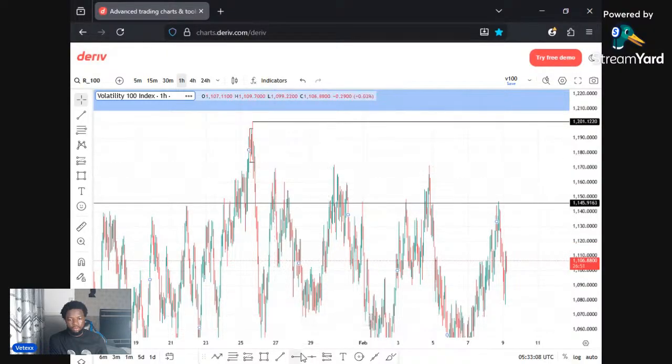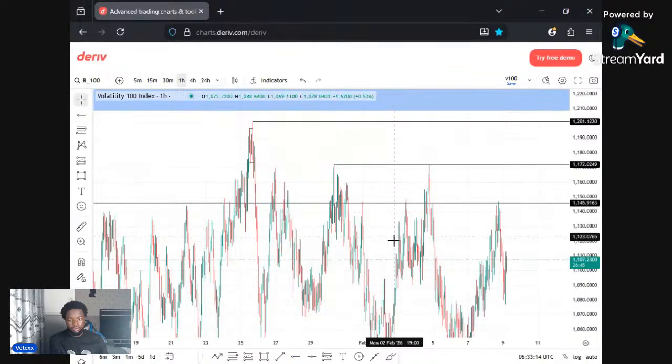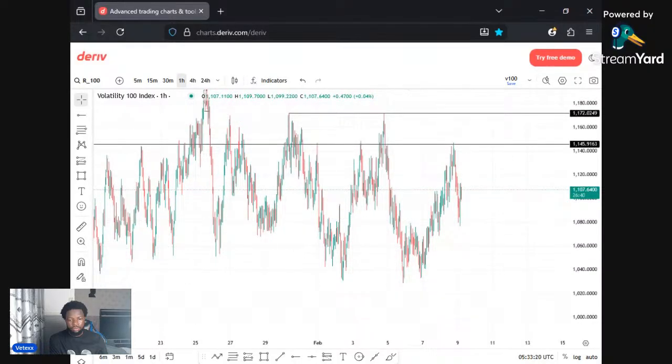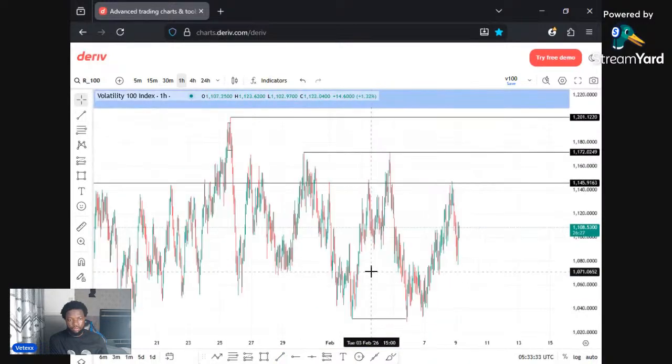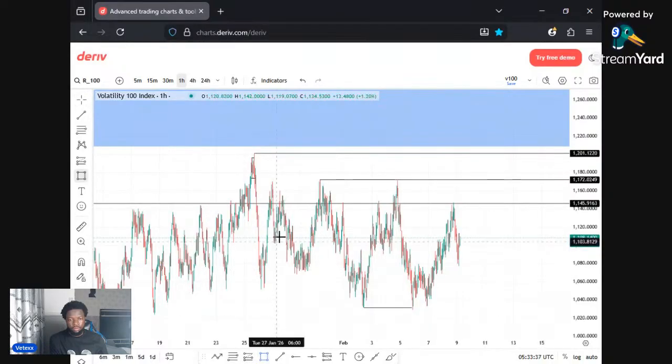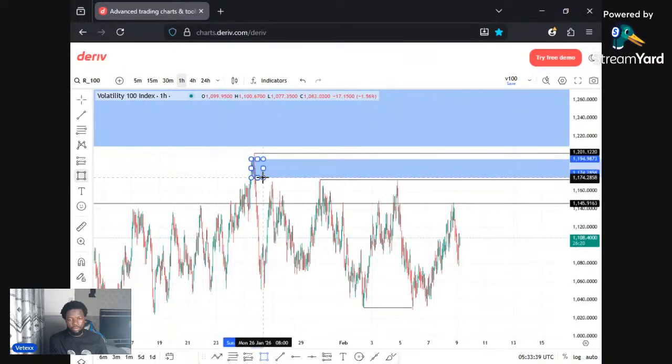And then this is our second break of structure, which is here. So these are our points of interest.